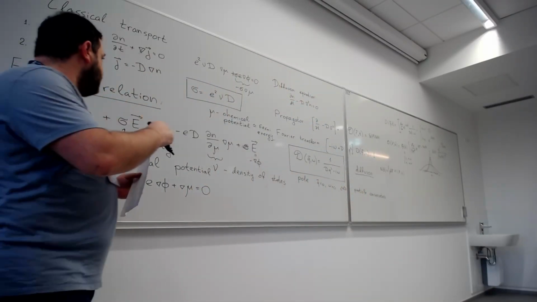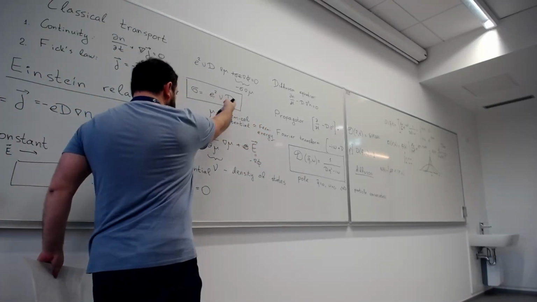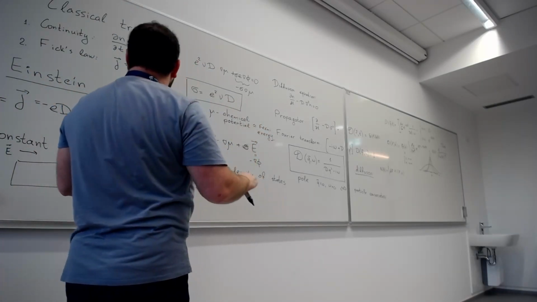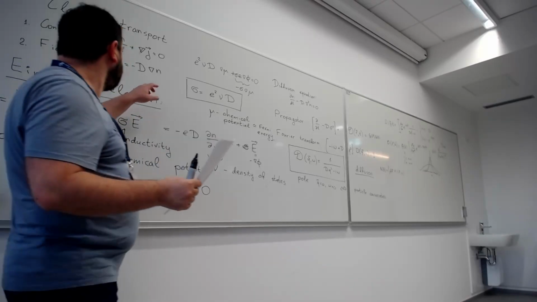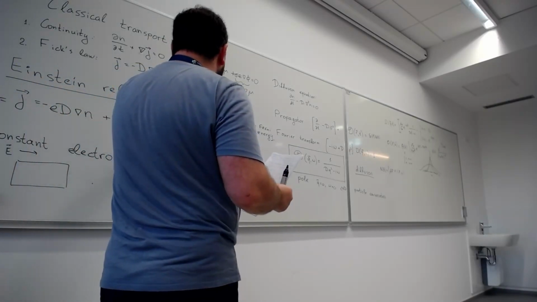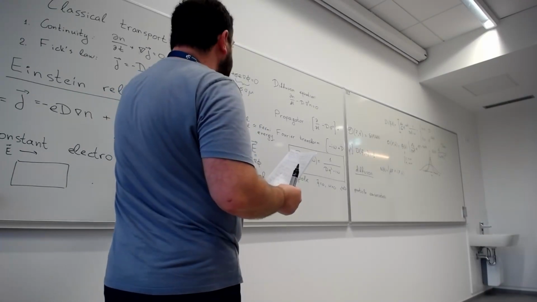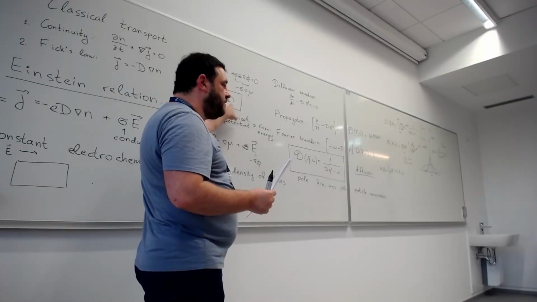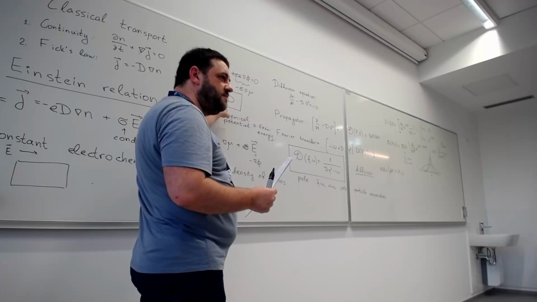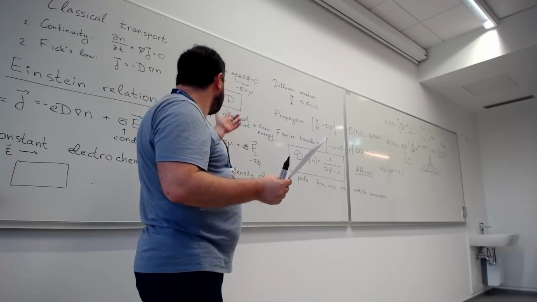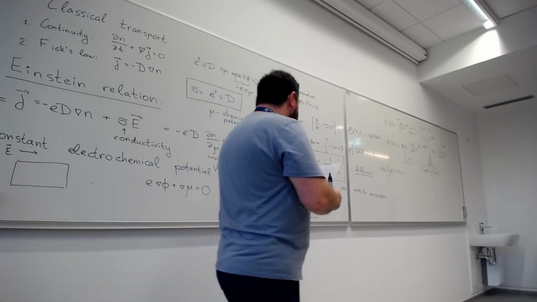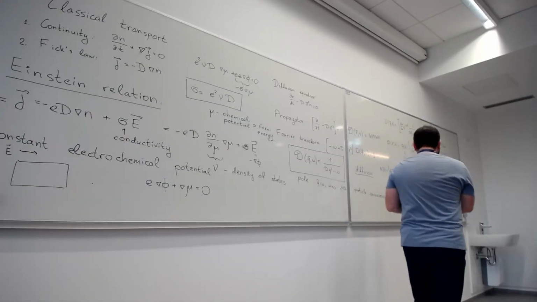And to explain what it actually means for some simple case, I will now do the following. I will take the diffusion constant, which I erased, it was somewhere here, for the metal, and I will take the density of states for a metal with just parabolic spectrum, and you will see what this relation actually provides.